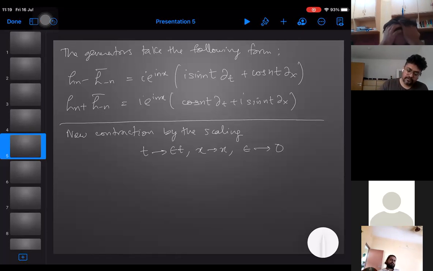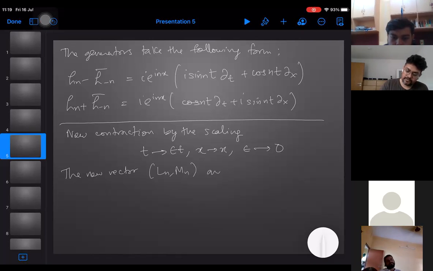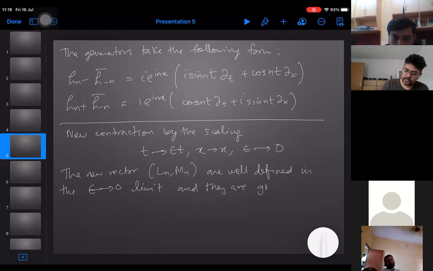If you do that, the new vectors, the Ln and the Mn which we have defined before, are well defined in the epsilon tends to 0 limit, and they are given by Ln is equal to I x dx plus int del t.